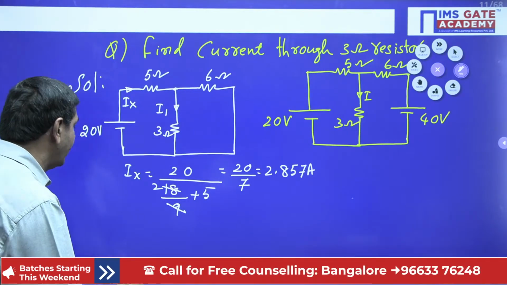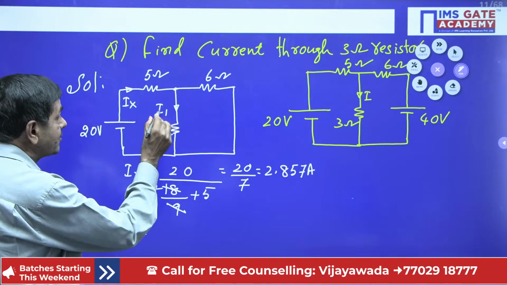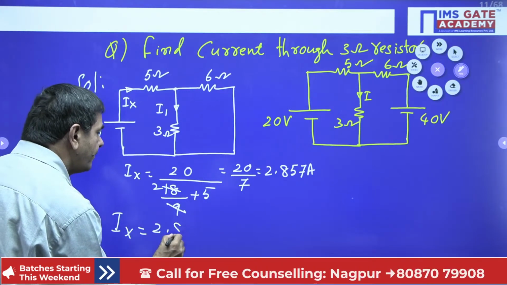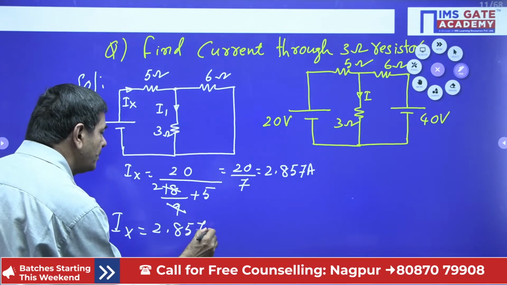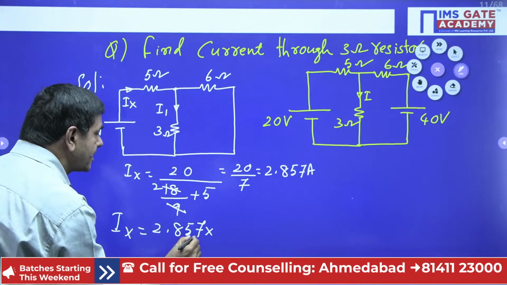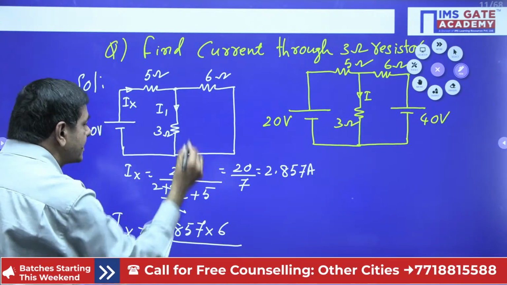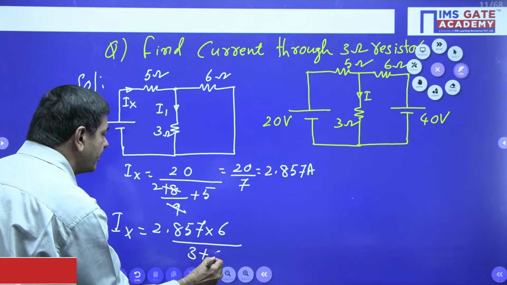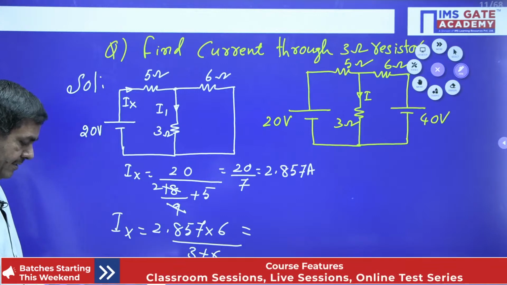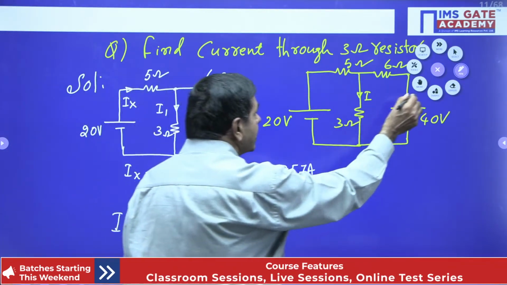I1, according to the current divider formula: I1 equals Ix, which is 2.857, into the opposite resistor divided by 3 plus 6, 9.